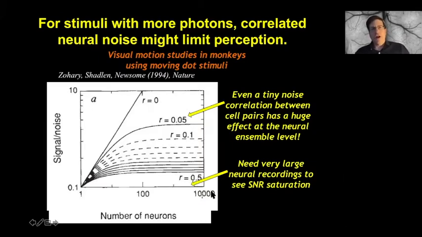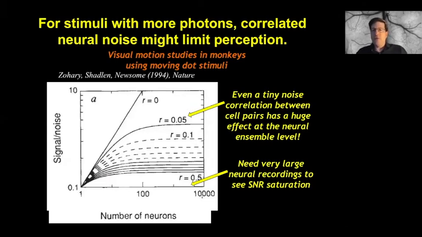What these plots revealed is that even in the presence of a very small correlation in the noise fluctuations between pairs of cells, there can be a very large effect at the ensemble level. Here you can see that in the presence of correlated noise, all these signal to noise ratio plots plateau and saturate. This occurs even for tiny amounts of correlated noise.